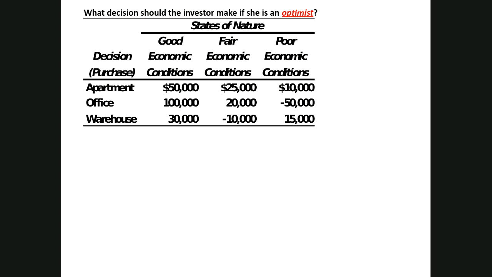For example, if we choose to invest in the apartment and the economy is good, then that choice in combination with the future will return a $50,000 profit. Similarly, if the economy is fair, we'll return $25,000. If the economy is poor, that decision would return $10,000, and so forth.